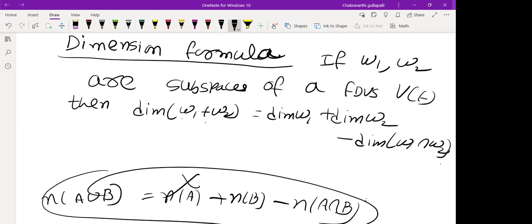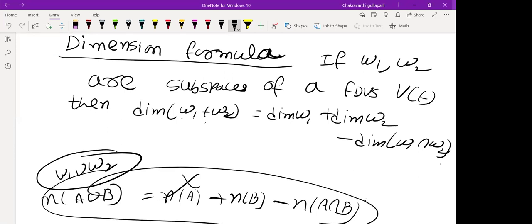These are not sets, they are subspaces, so it is not union. W1 union W2 is not a subspace at all, and only if it is a subspace can you talk about dimension. We stated earlier that intersection is always a subspace, and sum is always a subspace, but union need not be.